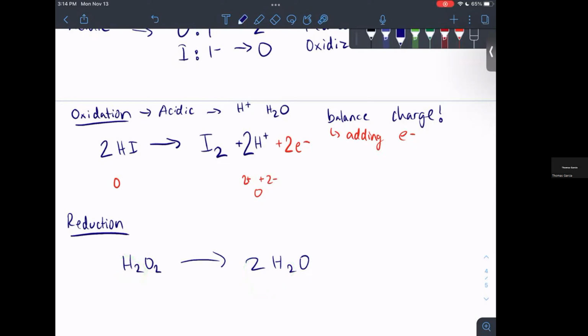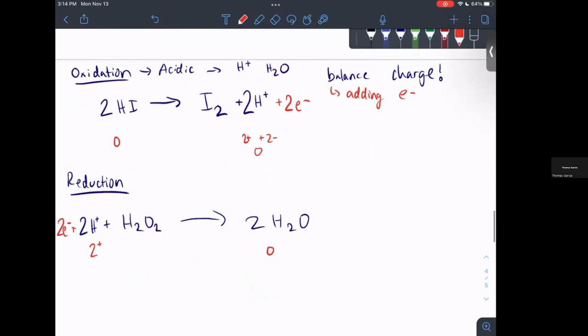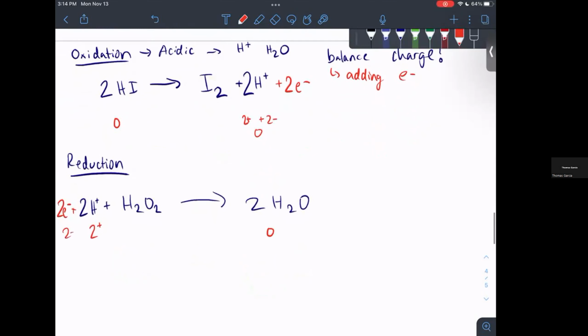So once again, we're going to go ahead and add 2 hydrogens. And these are H pluses. Because once again, we can add H plus because we're in an acidic solution. And now we'll look at our overall charge. We have a 0 charge here and a 2 plus charge here. We're going to do the same thing. We're going to add 2 electrons. And we balance out our charge of 2 minus plus 2 plus. It's a total charge of 0.